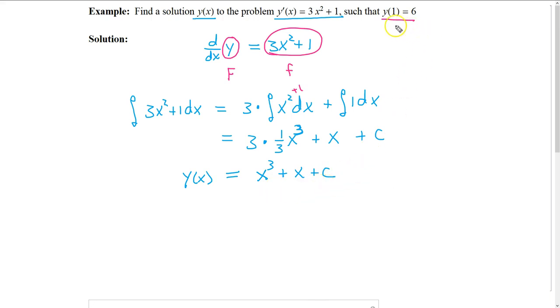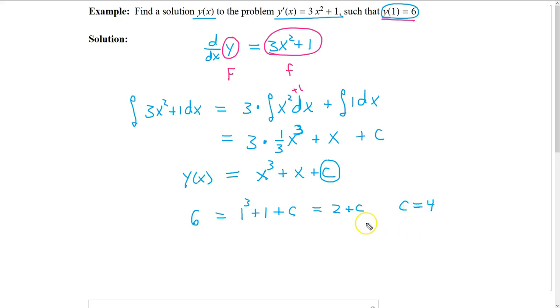Now what we have to do is find a particular constant c so that y of 1 is equal to 6. So if we put 1 in for x, we should get back 6 for y. So that means that 6 should equal 1 cubed plus 1 plus c. And so this is 2 plus c. And so therefore c equals 4.